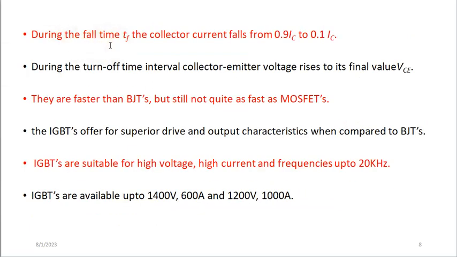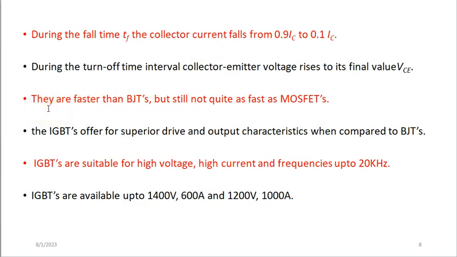Now, during the fall time, the collector current will fall from the maximum value, from 90% to 10%. And of course, the collector emitter voltage will rise to the maximum value. It depends on the range of time taken from 90% to 10%.